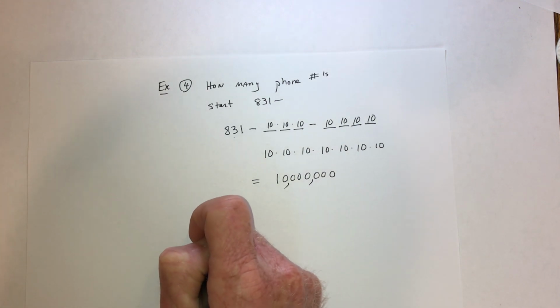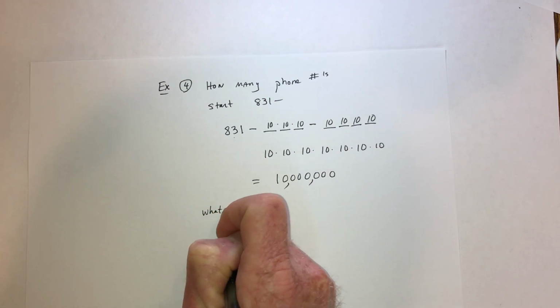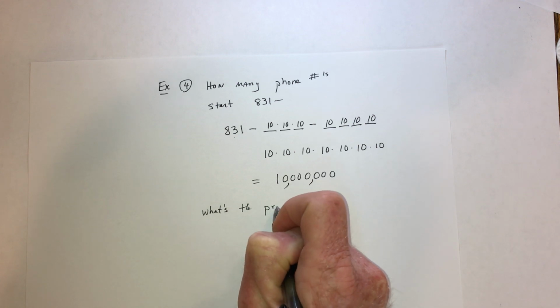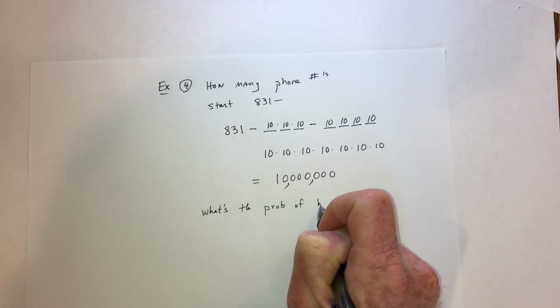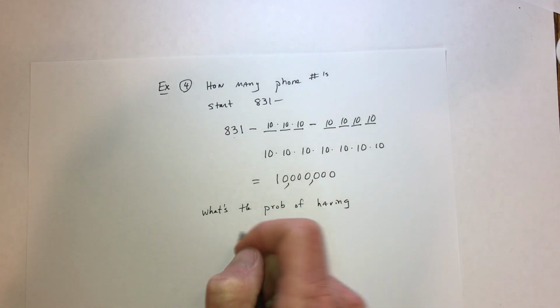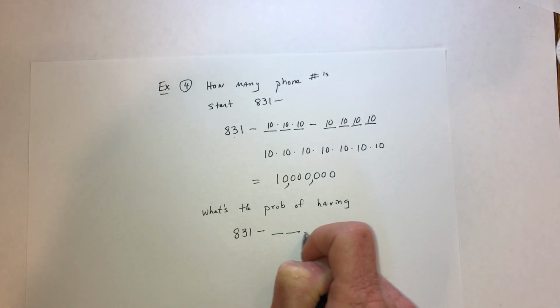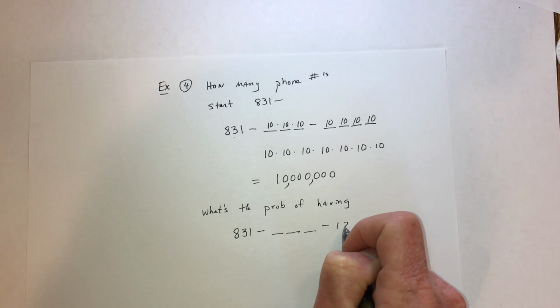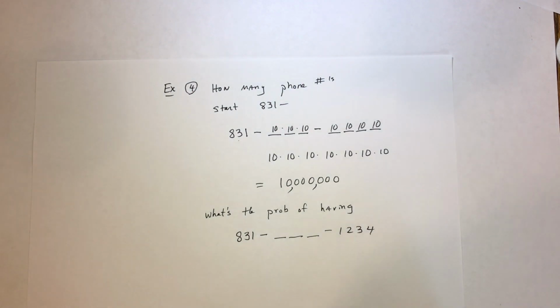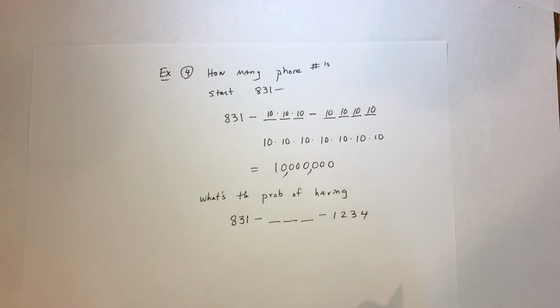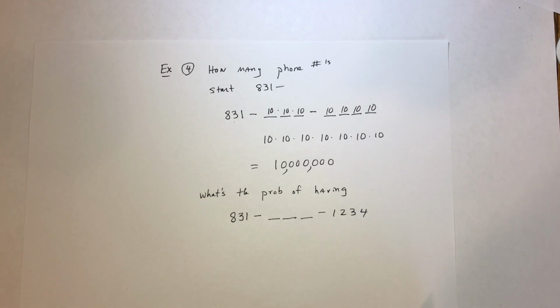Then, what's the probability of having this phone number? 831 dash whatever dash 1, 2, 3, 4. So what's the probability that that's somebody's phone number?